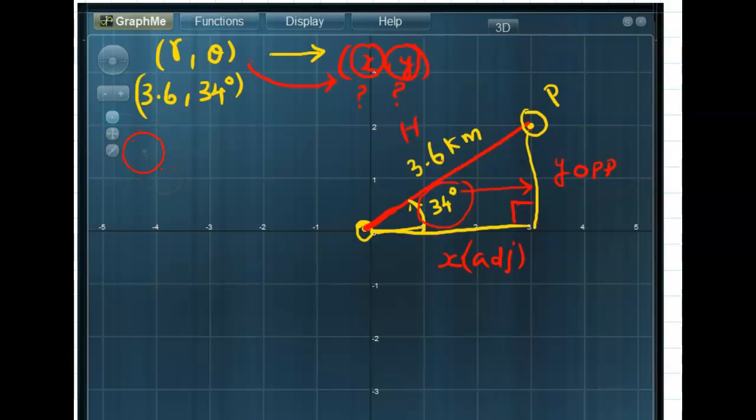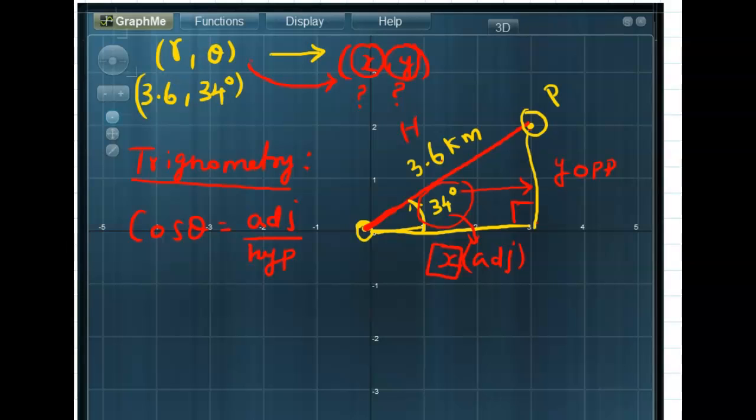So I need the help of trigonometry. So the same formula. Now I want to find x value first, and it is on the adjacent side of this angle. You know, cos theta formula is adjacent side divided by hypotenuse.